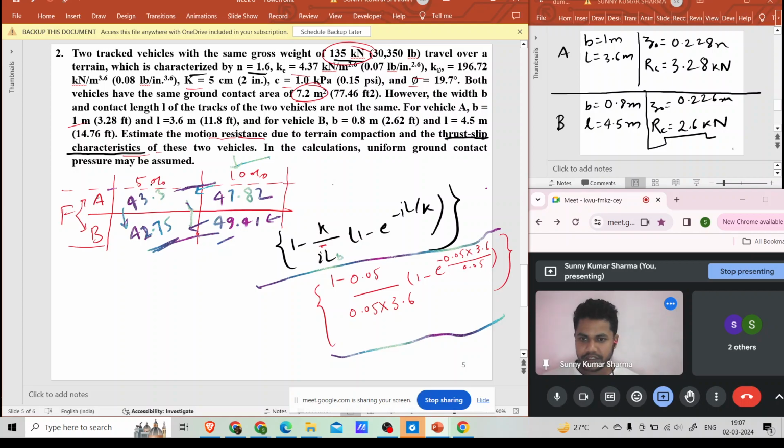Minus 43.3. Your calculation for 5% for vehicle A has some error.